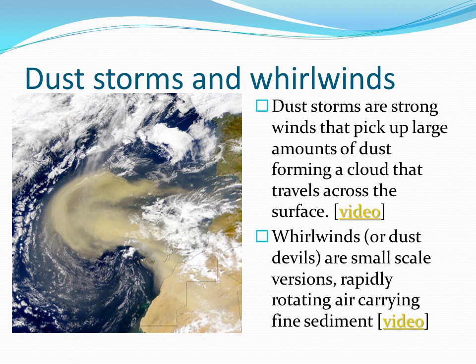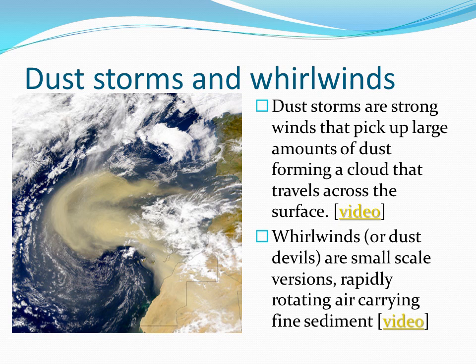So, what are dust storms? Dust storms are strong winds that pick up large amounts of dust, forming a cloud that travels across the surface. And if you click on that link, you'll get a video of it. In contrast, whirlwinds, or what we often call dust devils, are much smaller scale versions.